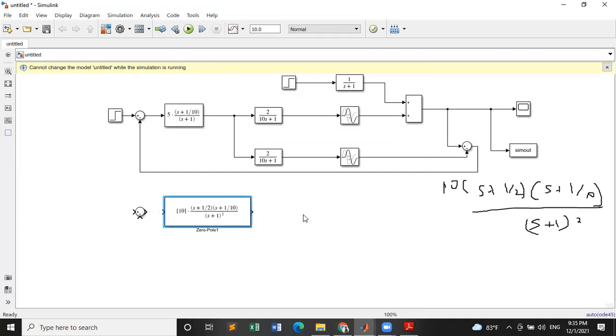We'll build the transfer function. Sorry, not transfer function, the control system without the approximation. What's wrong? We need to get the input signal from that itself.